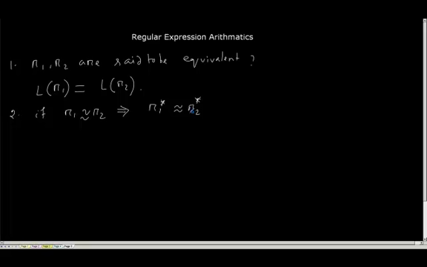Yeah, I can hear you. Yeah, it's audible. I'm listening. Okay. So what I'm saying is, if R1 and R2 are two equivalent regular expressions, I can apply the closure property, and hence R1 star is also equivalent to R2 star.